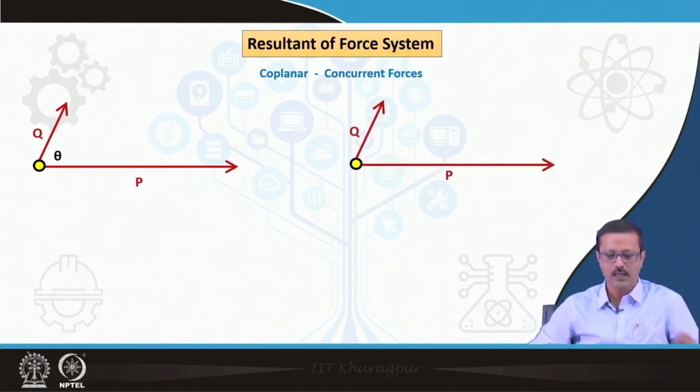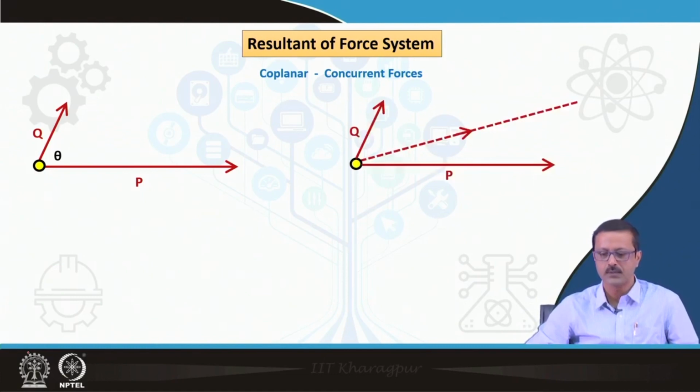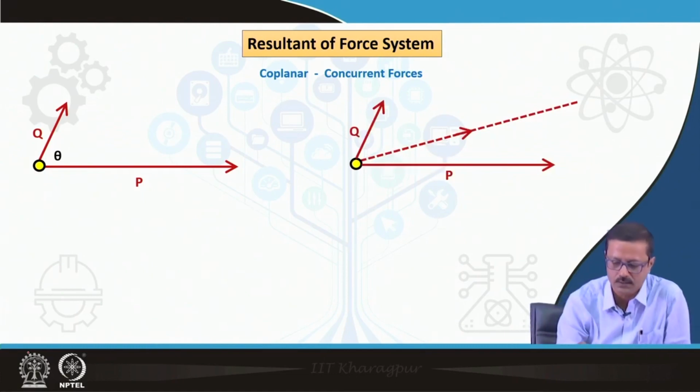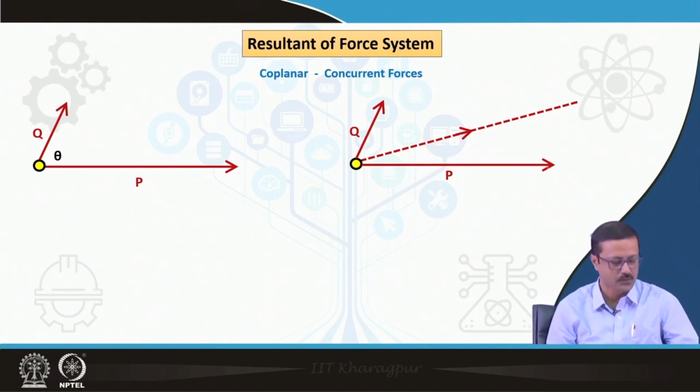So it will go along this line, near to P, because the influence of P is higher with respect to Q.